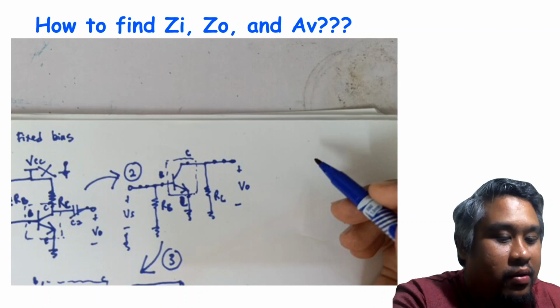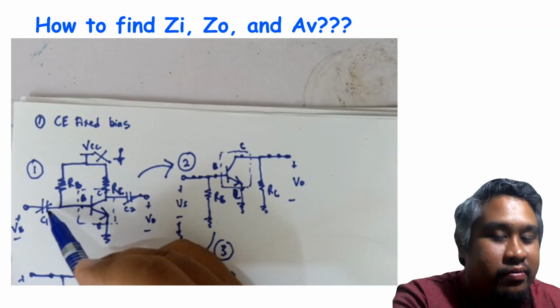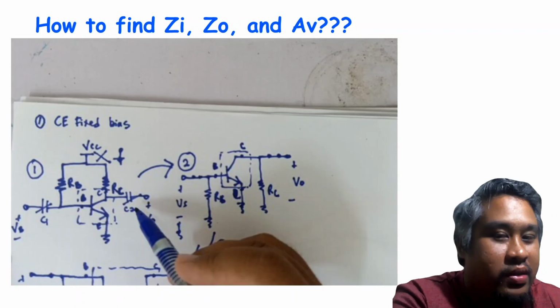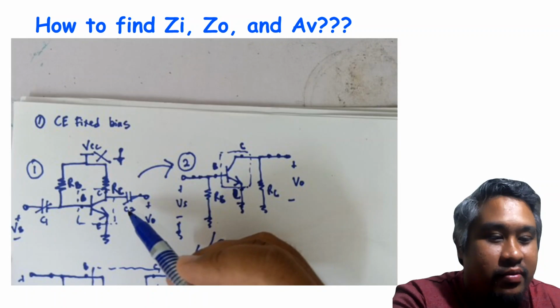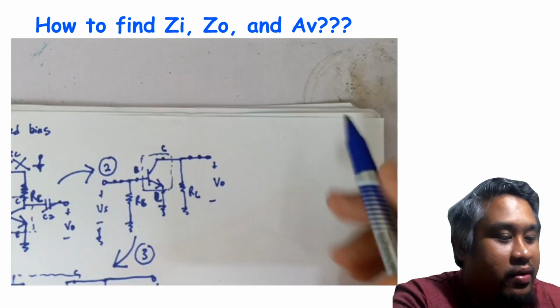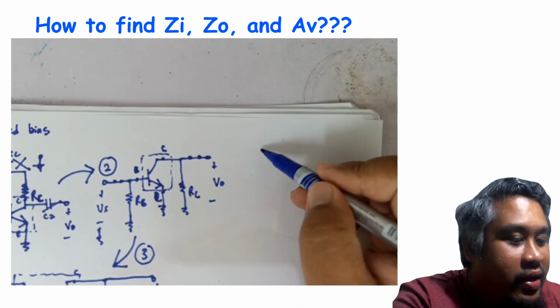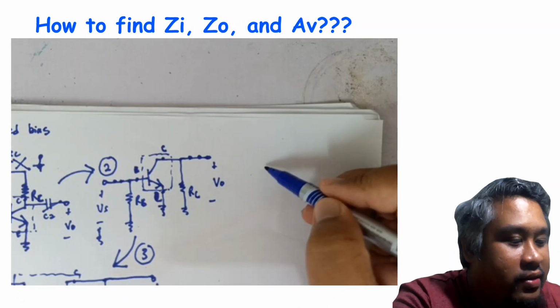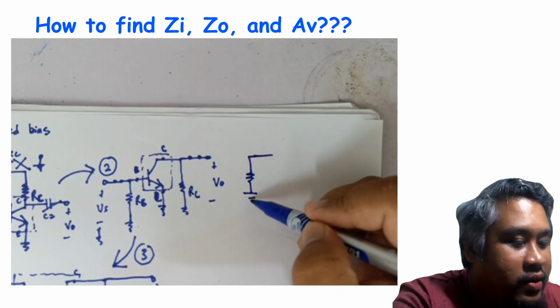What do we have for DC analysis? We have to replace all the capacitors with open circuits, and then separate the DC source, right? Just recall back, no problem. So what we have here is our RB, positive, negative, ground.